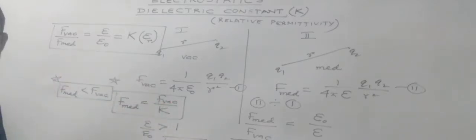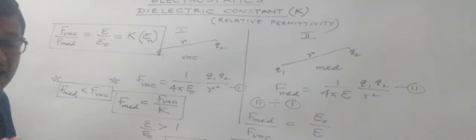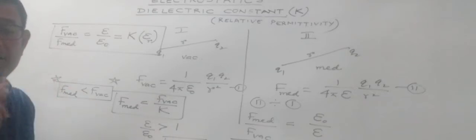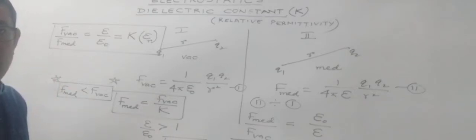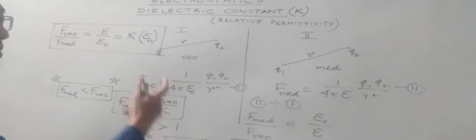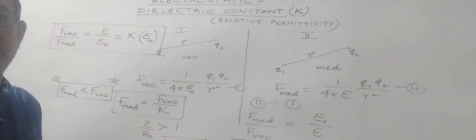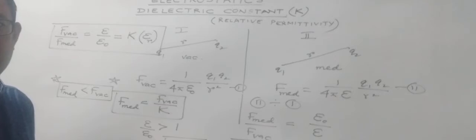So what's the conclusion? The magnitude of the electric force between the 2 point static charges when placed in air or vacuum is maximum. When the same 2 charges at the same separation are placed in some other medium, the magnitude of the electric force between them tends to decrease.